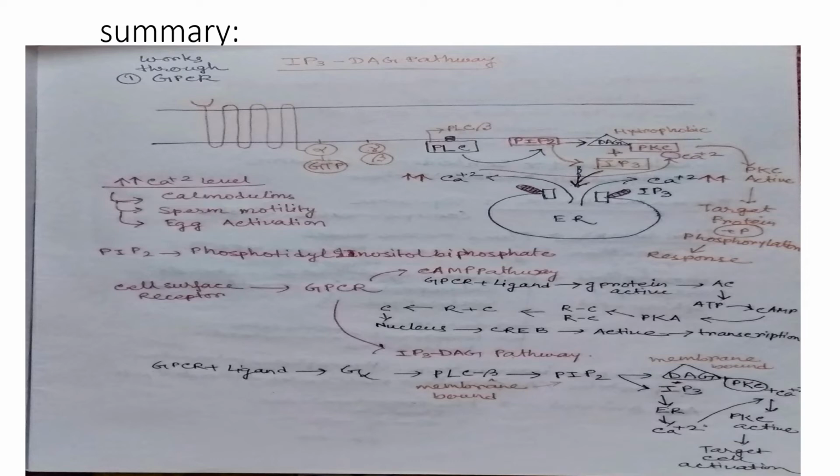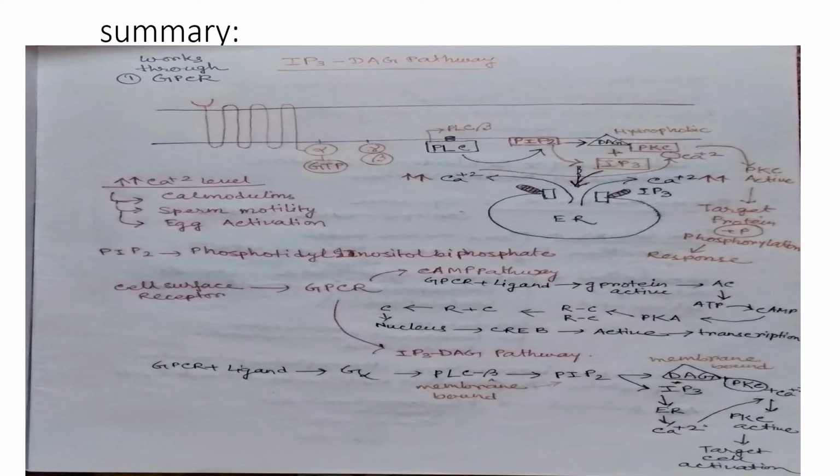IP3 then binds with the receptors of the endoplasmic reticulum and activates it to release calcium ions readily, and the surrounding calcium concentration becomes higher.